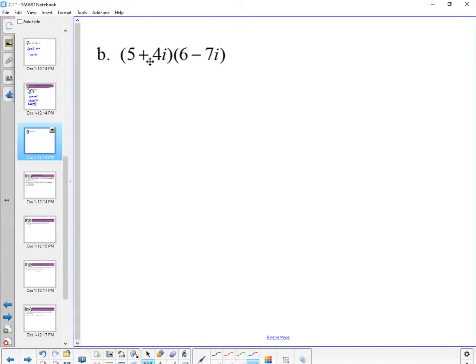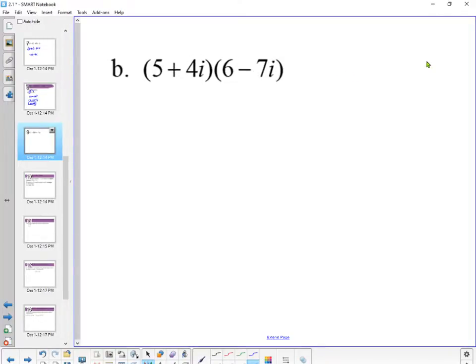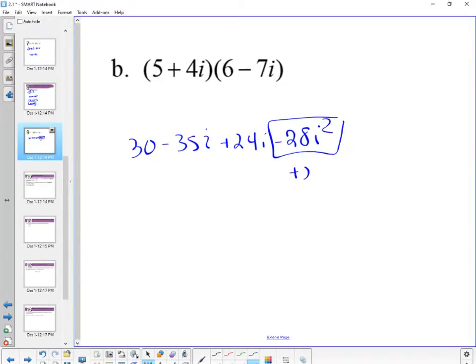Here we go. In this case, we can still use our distributive property twice, aka FOIL. So we've got 30 minus 35i plus 24i minus 28i squared, which will turn this into a positive 28.